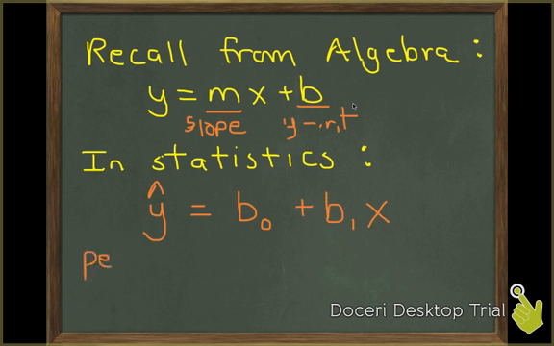Remember that we're pulling this from a scatter plot. The predicted value is what we get when we put an x value into the equation. It may not be an actual point in our scatter plot, but it's going to be a point on our line of best fit.